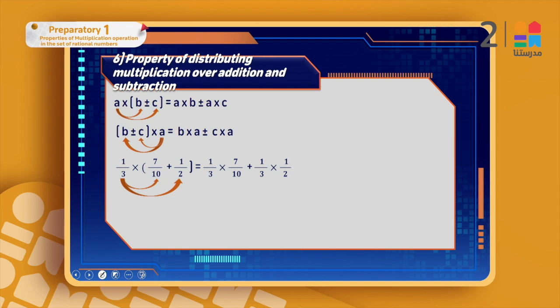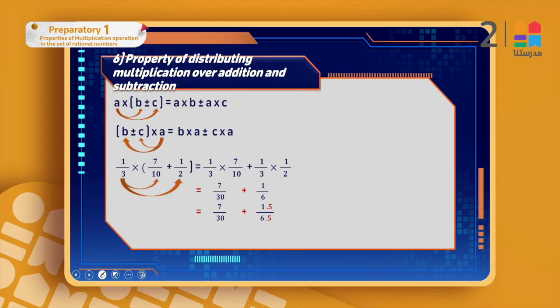So as you can see, 1 over 3 times 7 over 10 plus 1 over 3 times half. To multiply fractions, we will multiply the numerators, then the denominators. 1 times 7 is 7, and 3 times 10 is 30. And then 1 times 1 is 1, 3 times 2 is 6.